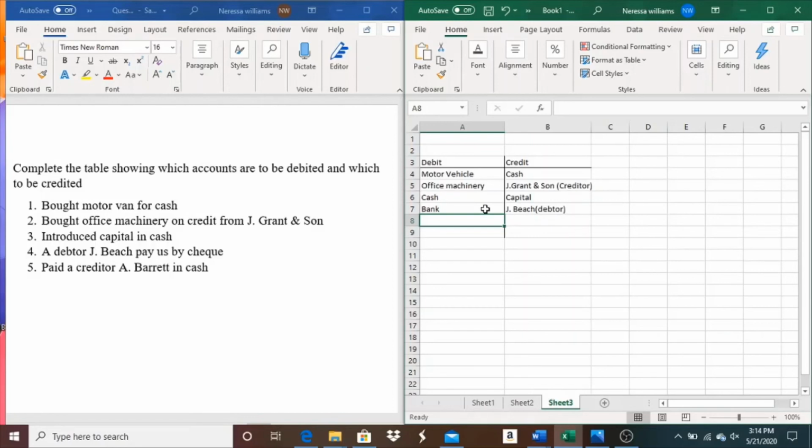However, we are paying them in cash, which means we are also reducing our cash account because we're taking money out of the cash account to pay them. The cash account is an asset, it has a debit nature. If you're trying to increase a debit nature account, you debit it, but if you're trying to decrease it, you credit it. We are decreasing it in this perspective, so cash is credit.